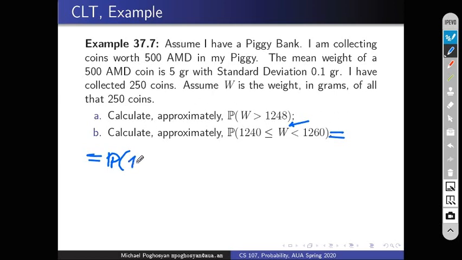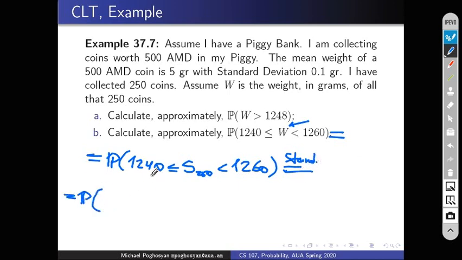So I can write this in the form of a sum: 1240 is less or equal than S250, which is less than 1260. The next step is standardizing to use the CLT. I'm subtracting from all sides the mean, the expected value of S250. Well, we know this value, but I'm writing it this way to show the standardized version.